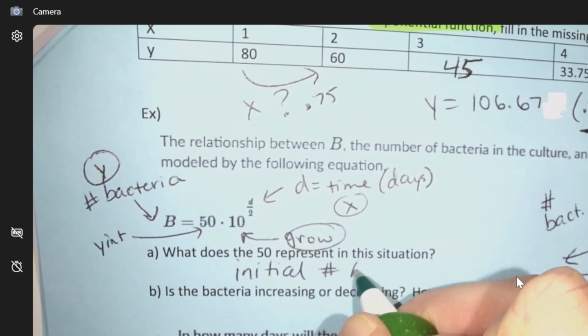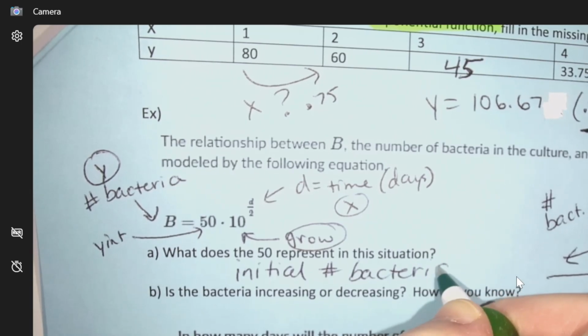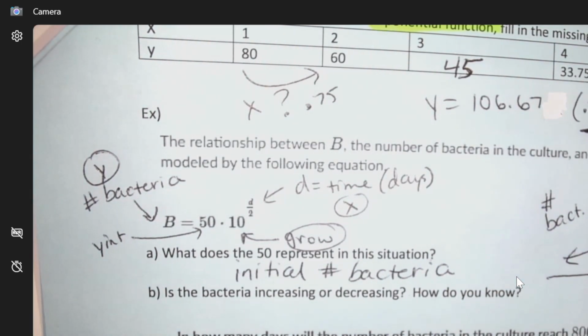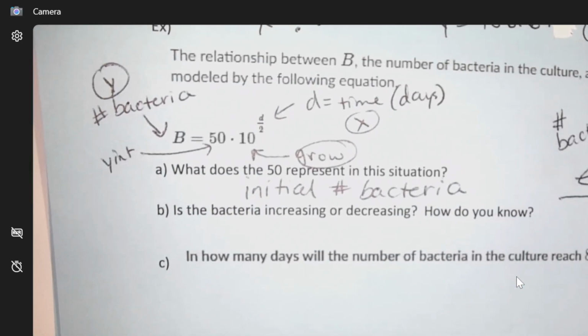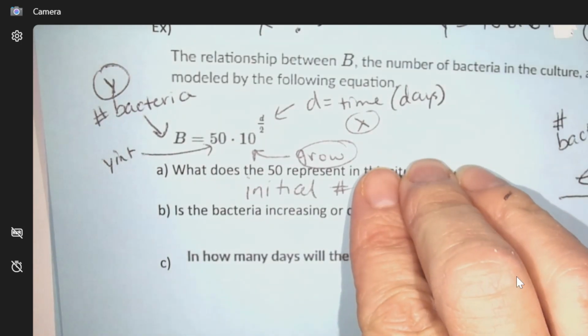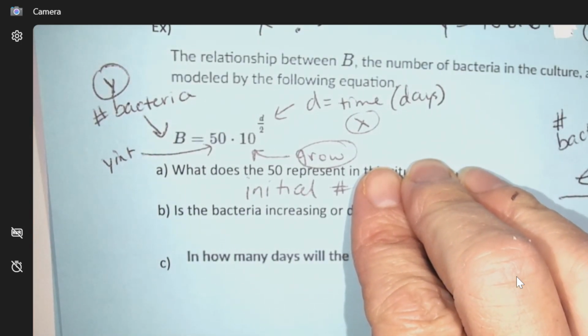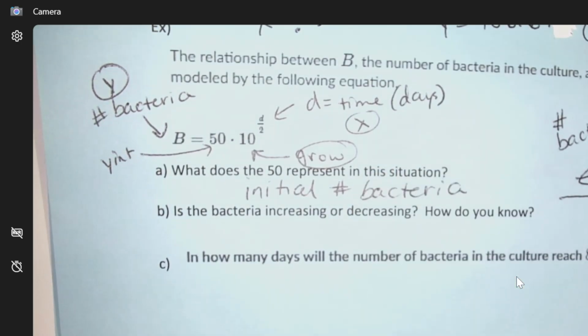The initial number of bacteria. Okay, so if you say it's the y-intercept, no points, because it's not the situation. You didn't tell me anything about the word problem. If you say it's the initial number, I don't know, the initial number of what, days? You have to write down what it is.